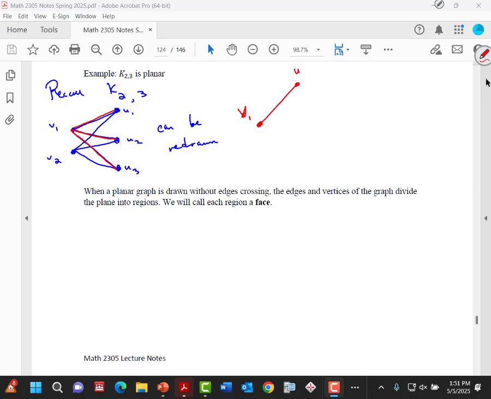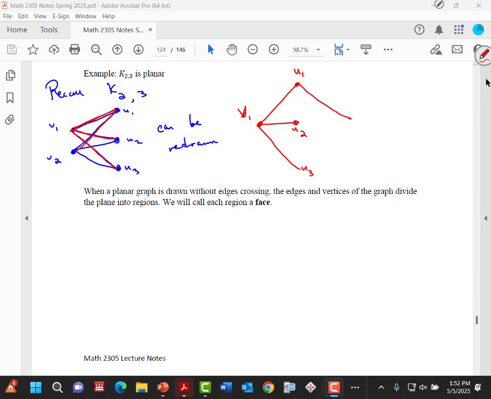Let's go to U1, U2, and U3. Okay. Well, who is U1 connected to? U1 is connected to V1 and V2.